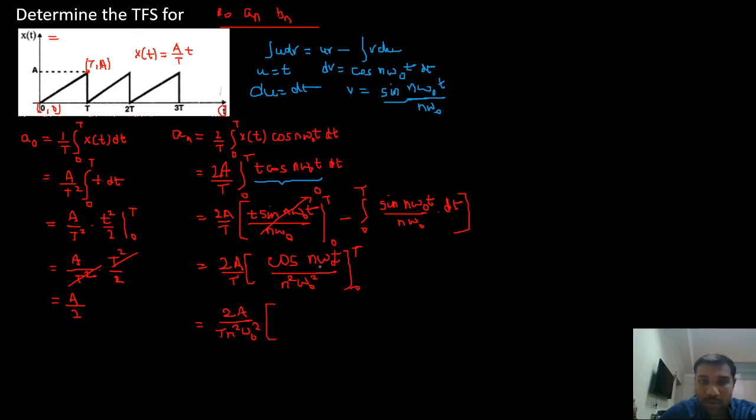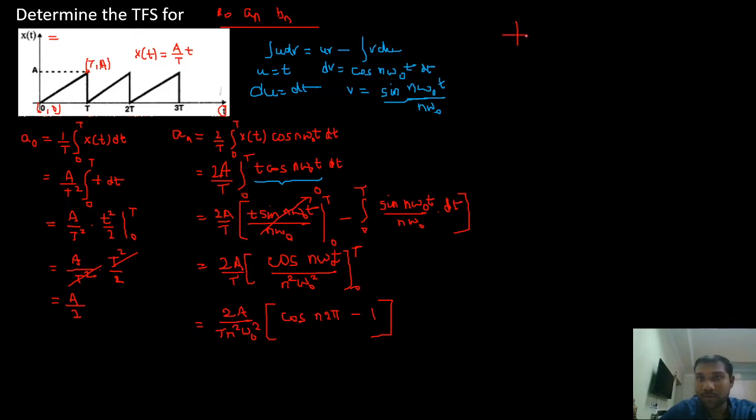I have cos n 2 pi, that is n 2 pi by T times T. I'm left with 2 pi minus cos 0, which is 1. Now cos n 2 pi is cos of even multiples of pi. So cos of even pi, what will happen?